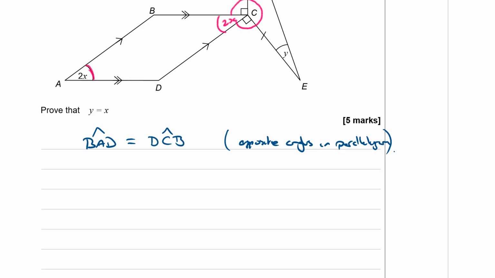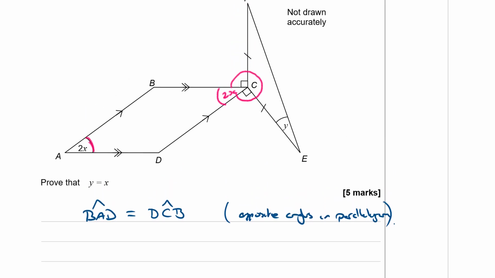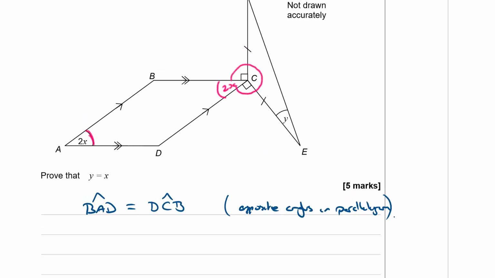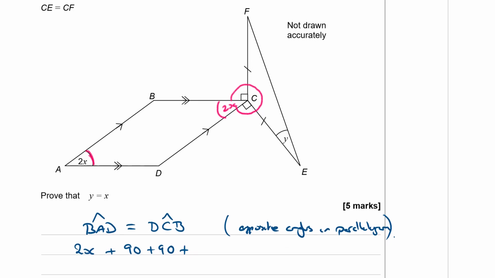And then we can say that 2x plus 90 plus 90 plus angle ECF is equal to 360.